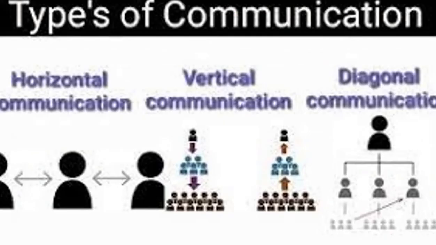horizontal communication. Horizontal, you all know horizontal line, that is the straight line like a line in your copies. So that is called horizontal communication, which means communication at the same level.